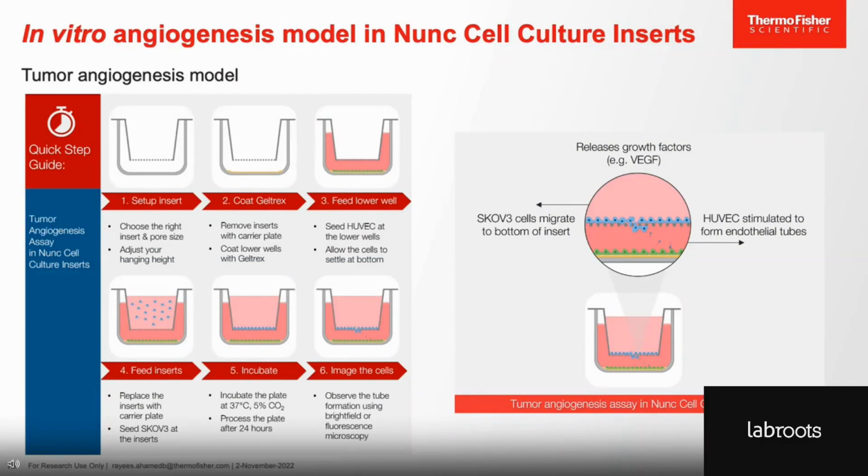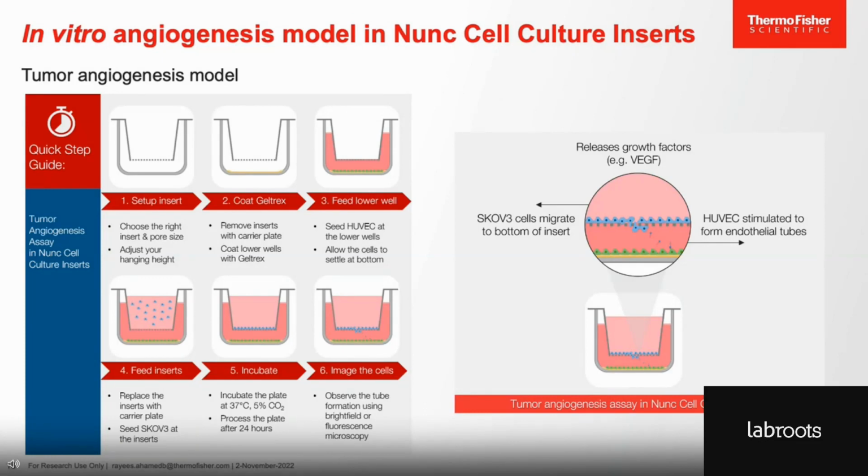So as a quick step guide, these are the steps to model this in a cell culture insert system. First, you have to select the right type of insert, and we have to coat the bottom well with Geltrex ECM layer because the HUVEC cells require the ECM coating to form endothelial tubes.